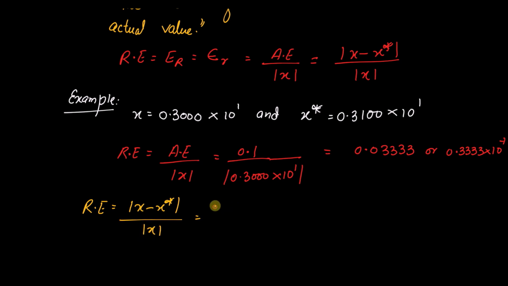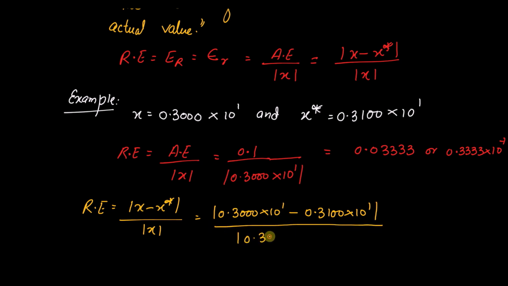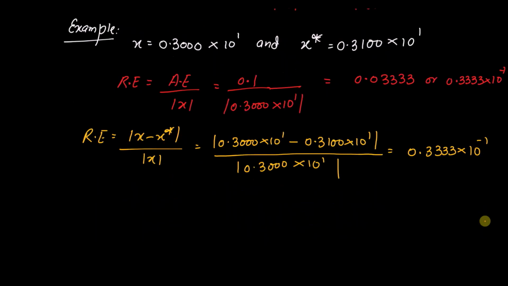That is your x value, 0.3000 into 10 raised to the power 1, minus 0.3100 into 10 raised to the power 1, and you need to divide it by the actual value, that is 0.3000 into 10 raised to the power 1. When you divide it, you will directly get the value 0.3333 into 10 raised to the power negative 1, right? So that's how simple it is to find the relative error if you know the actual value and the approximated value.